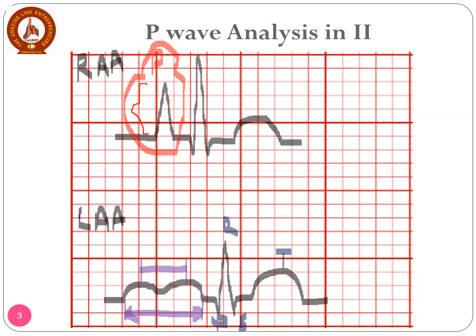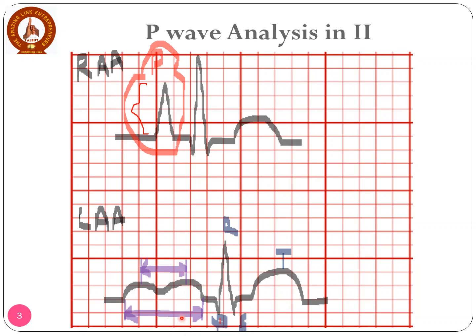This is also an important index for left atrial abnormality. So the duration of the entire P wave is greater than 0.12 seconds, and the distance between the two peaks of the P wave is greater than 0.04 seconds.